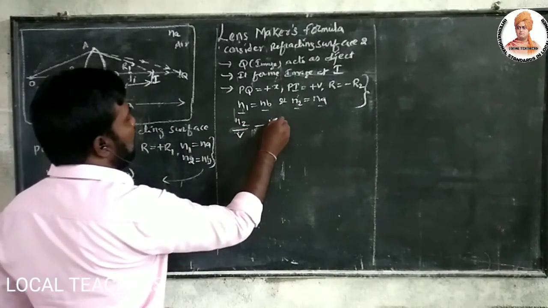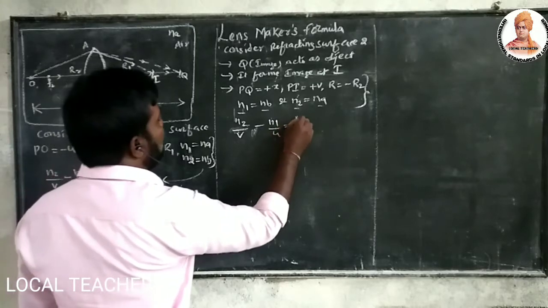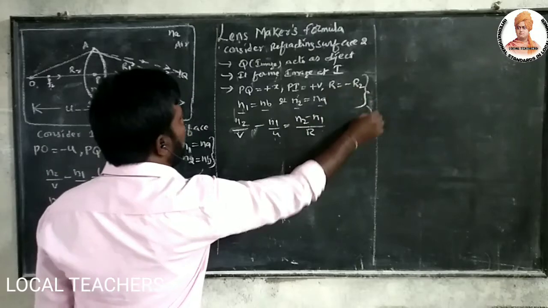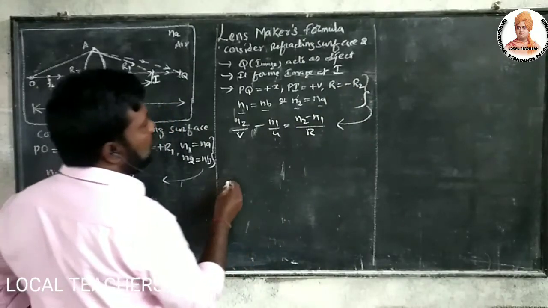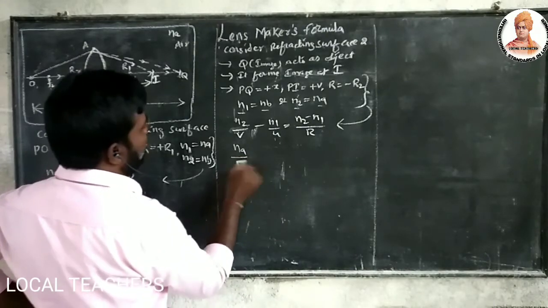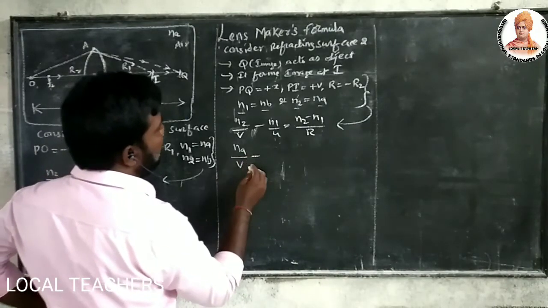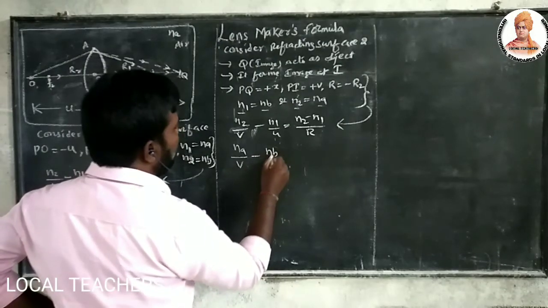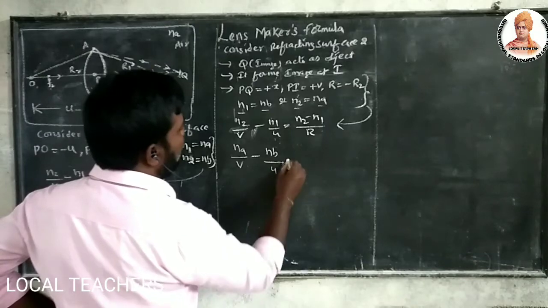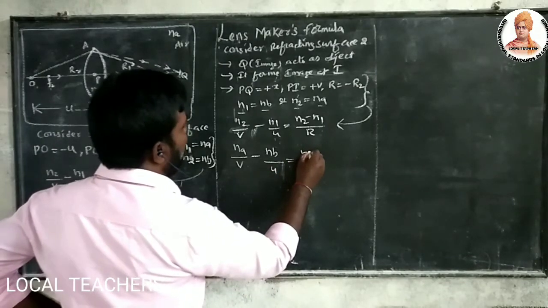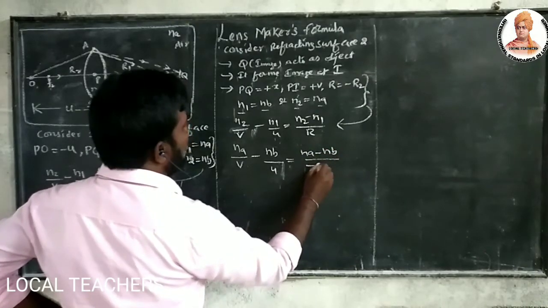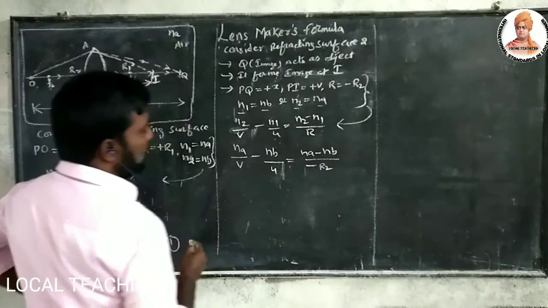N2 by V minus N1 by U equals N2 minus N1 by R. Substitute these values in this equation. So N2 is nothing but NA, V is V, N1 is nothing but NB. So that equals NA minus NB by minus R2.